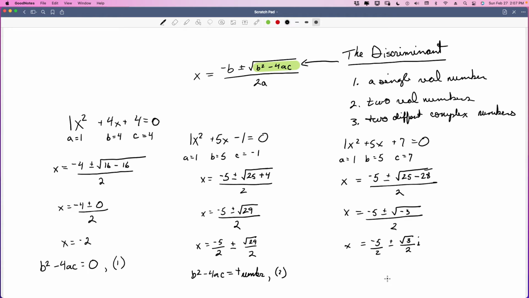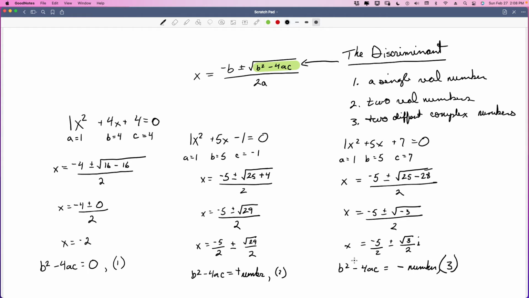So when b squared minus 4ac is equal to a negative number, the answer is two different complex numbers.